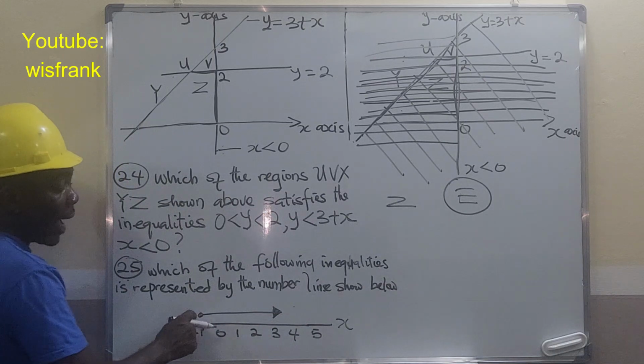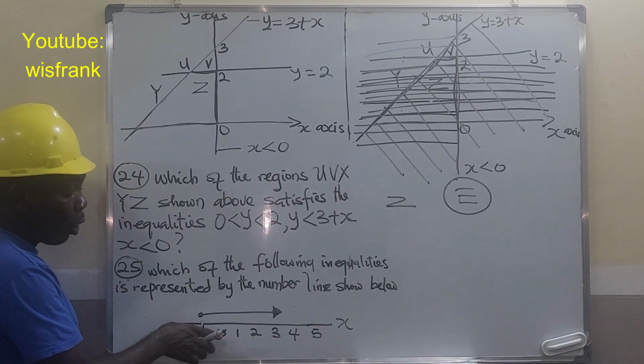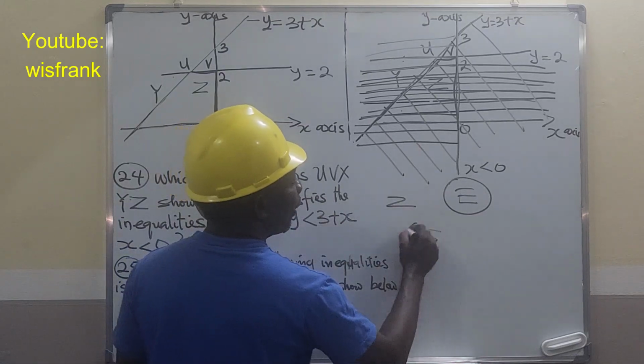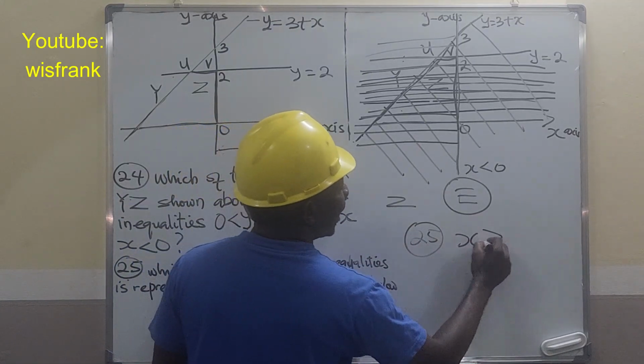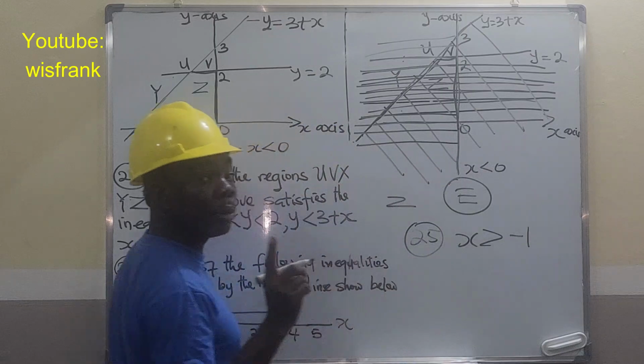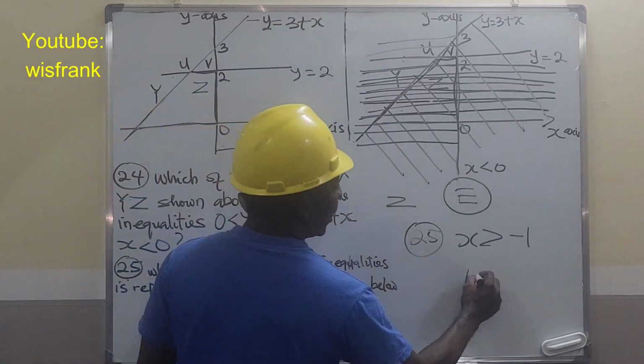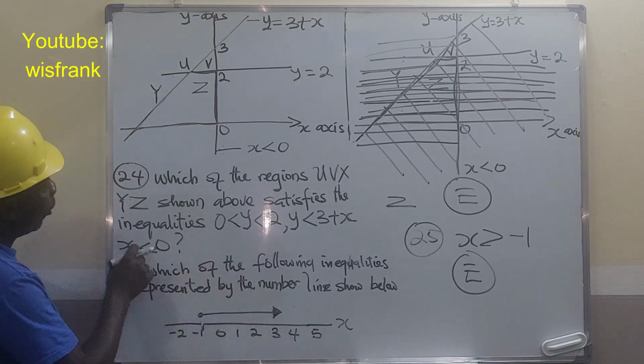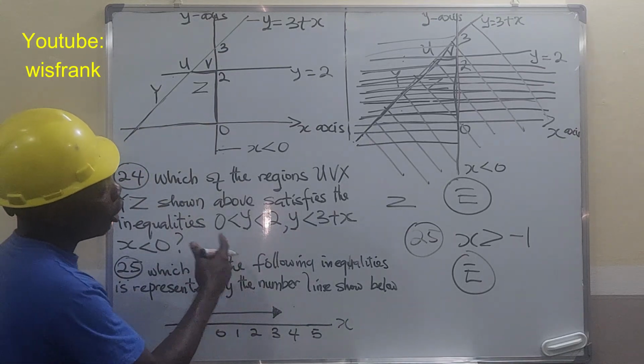That means anything that x will be at this point must be greater than -1. So the answer for number 25 is x is greater than -1, and the correct option on that question was E also.